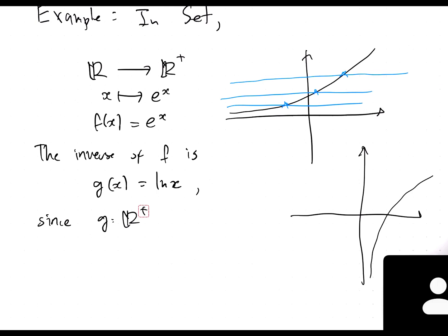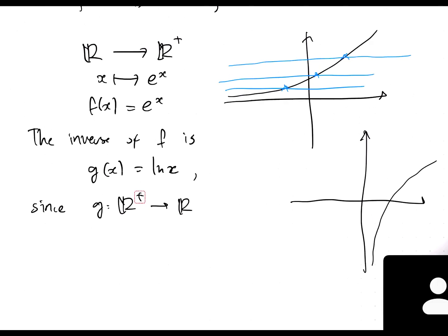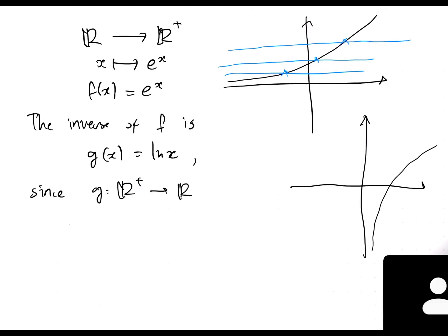And so G is defined from R plus to R. And then the composites, so I take F composed with G. I now want to get convinced that this is equal to identity, right? So I evaluate it at a random x. This is the same as F applied to G of x. That's how we compose functions, right? What is G of x? G of x is ln x. So this is the same as F of ln x.